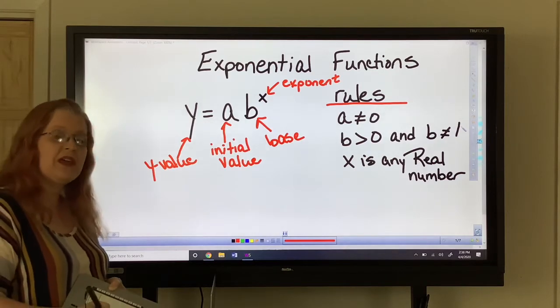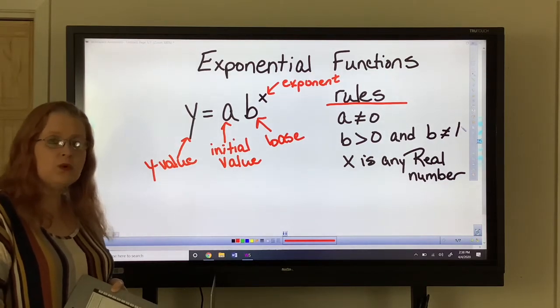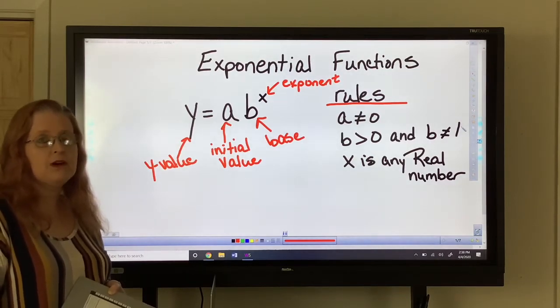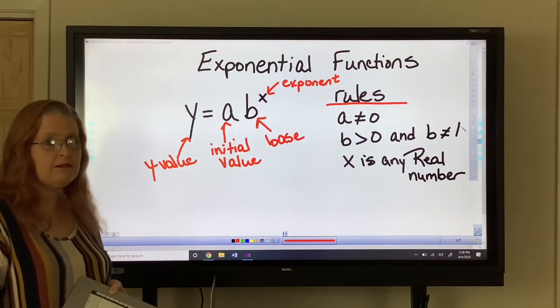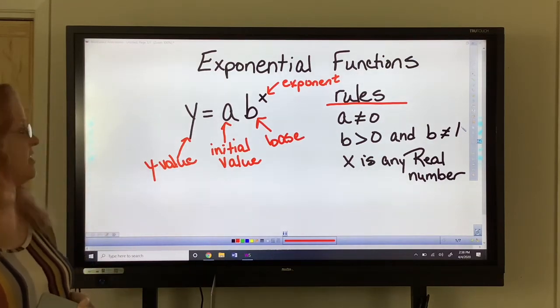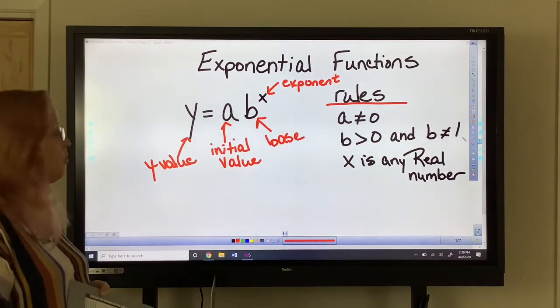And so think about that. If it's equal to 1, what is 1 raised to any exponent power? Well, 1 times 1, however many times you do it, will always be 1. So your rate or your base can never be 1.